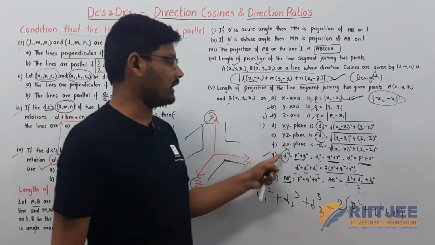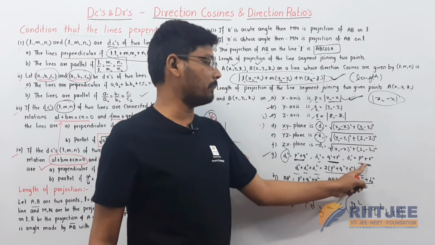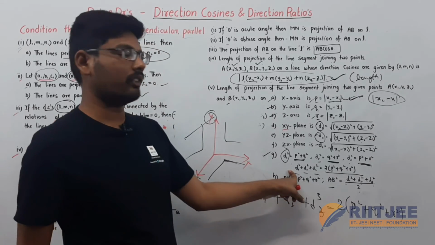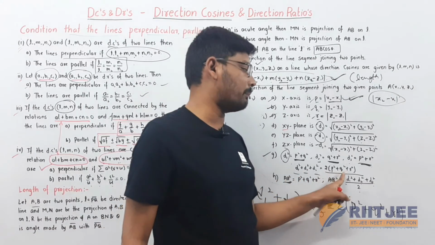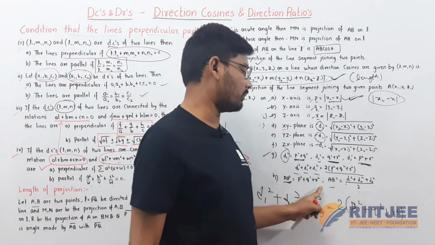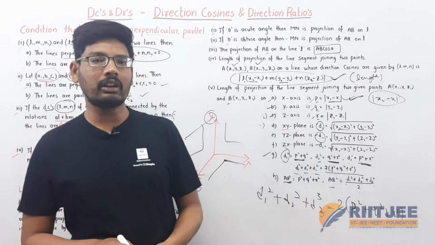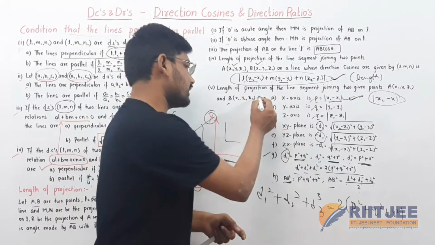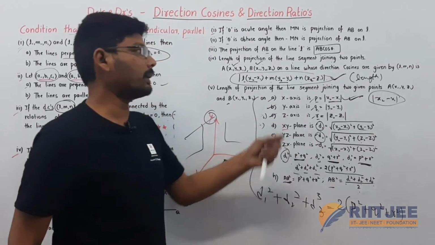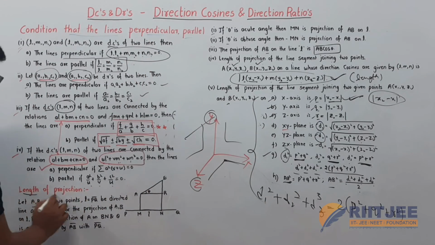The relation is d1 with pq, d2 with qr, d3 with pr, and this is the final condition for the relation between the d values and pqr. And ab square is nothing but p square plus q square plus r square, and ab square is equal to d1 square plus d2 square plus d3 square by 2. These are all formulas to remember for the length of a projection. The topic name is length of projection.